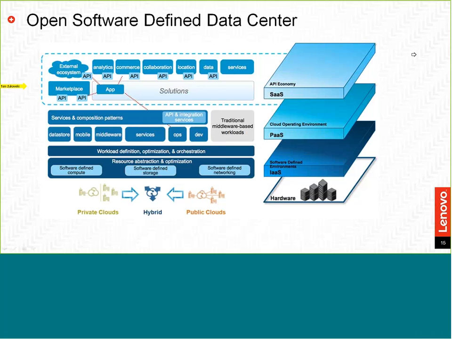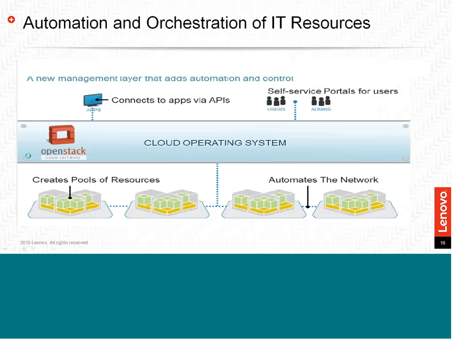High-level stuff. That's not really the point of the presentation today, but just to give you an idea of how, when we talk about network virtualization, how that helps and fits into this architecture. So this is just kind of another view of the same idea. It happens to be from OpenStack, but really it could be any cloud operating system.